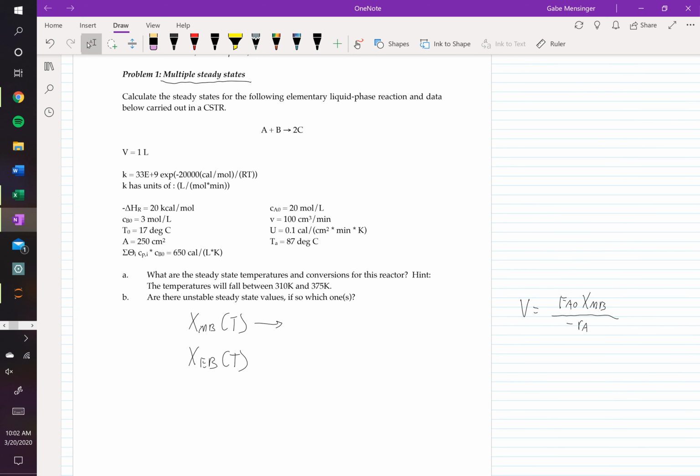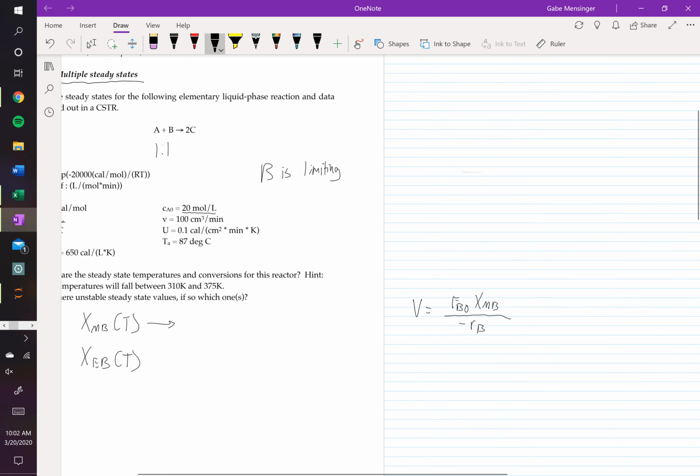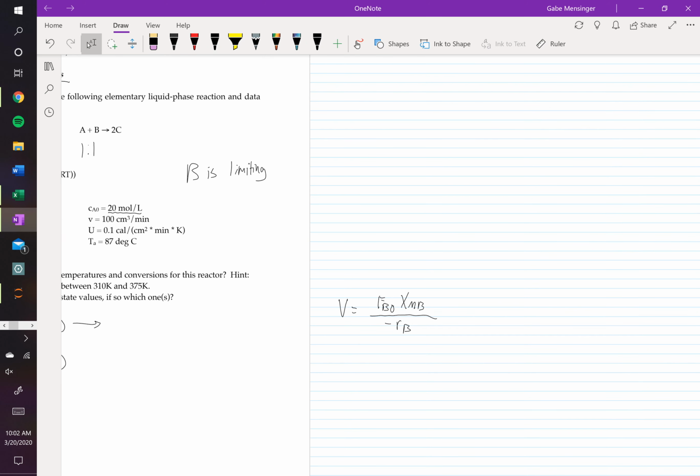And actually for this reaction, we can see that it is 1-to-1, A to B. But we see that Ca naught is 20 and Cb naught is 3. So B is limiting. So I'm just going to change that over here just so the nomenclature makes sense.